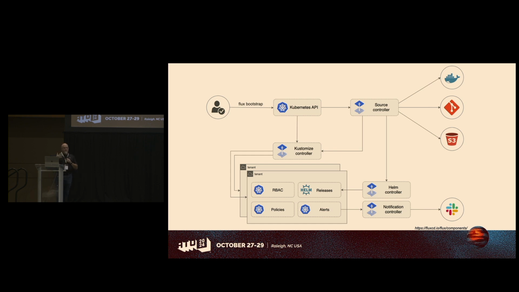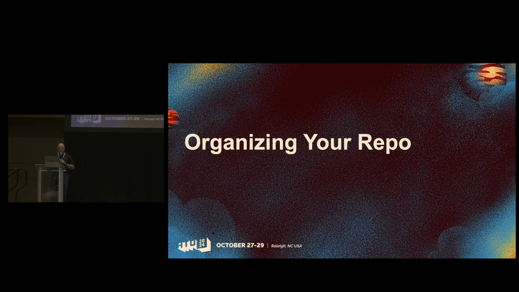So now that we know a little bit about what Flux is doing and where it's looking for changes, you might think, okay, fine. I know I have to have a Git repo and I have Flux. What do I put in the Git repo? And where do I put it, almost as importantly? So let's look at some ways that you can organize your source code inside that Git repo to get what you want out of Flux and its reconciliation process.